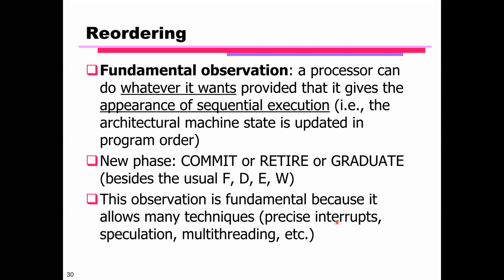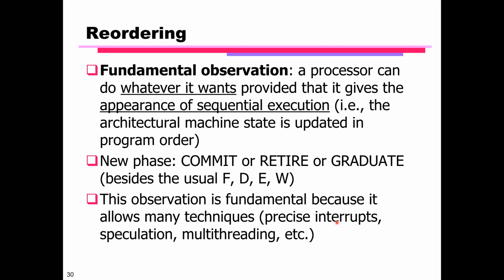The only condition that I have is that I need to update the architectural state as if I were doing sequential execution. So now I have this new state: when do I tell that I've done something? And this new phase is typically called commit, or others call it retire, or others say graduate.